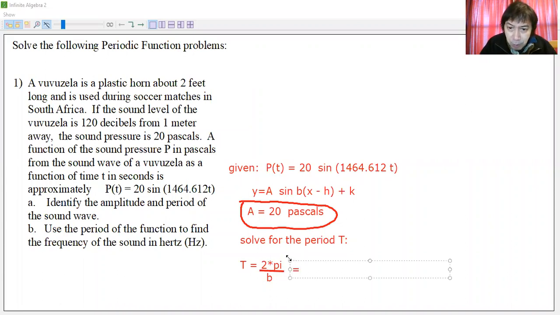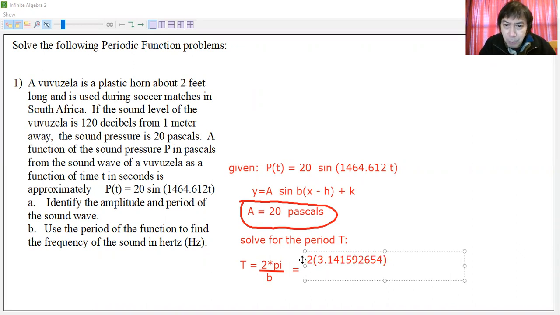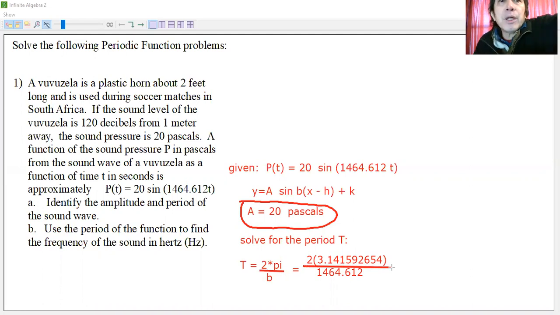So we have 2 times pi, which is equivalent to 3.14159264, divided by b. Our b is the number 1464.612, the number beside the t. All right, so this will now be just a division.